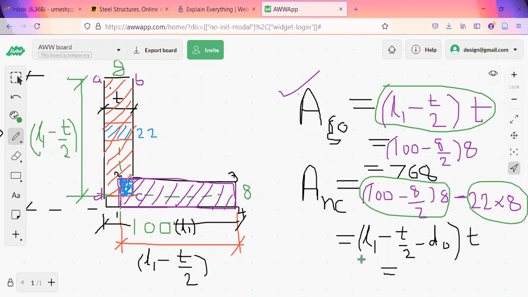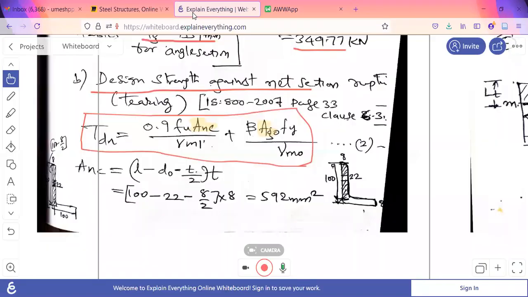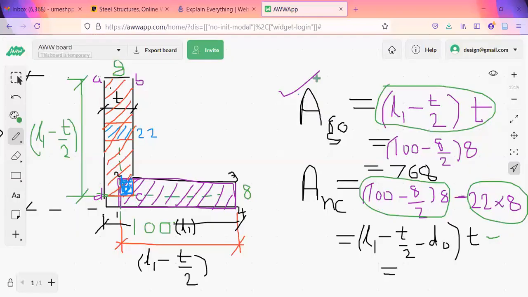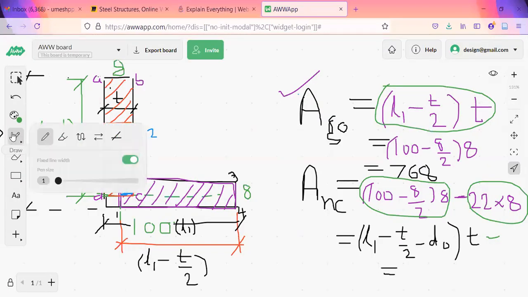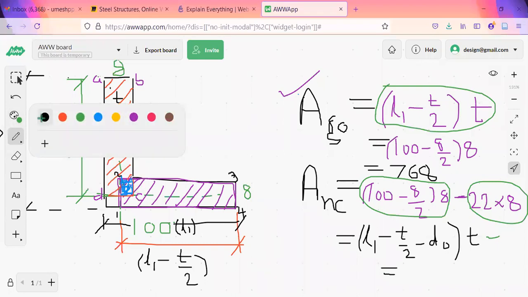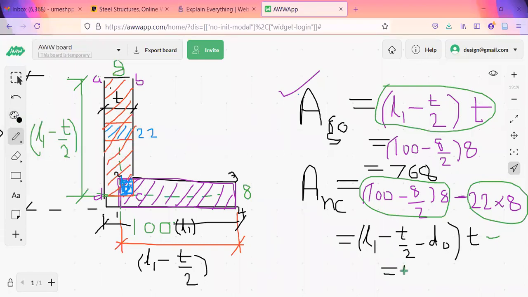That has been converted into a simple formula. So I'll write this. Any questions here? 592, I'll write it here. Five nine two.